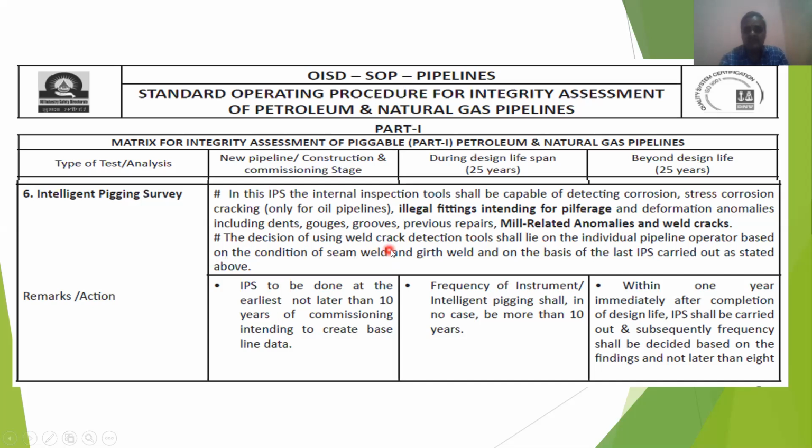The decision of using weld crack detection tools shall lie with the individual pipeline operator based on the condition of seam weld and girth weld and on the basis of the last IPS carried out as stated above.